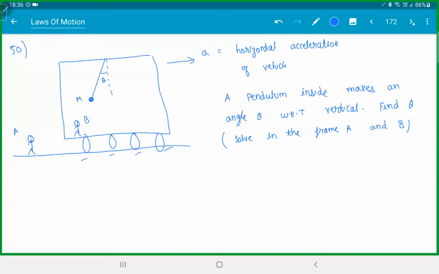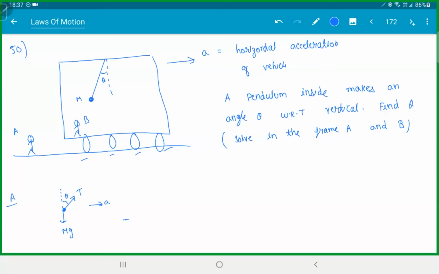Yeah, standard one. See, if you ask A to draw the FBD, you know what he will draw? A will say there is a tension, there is an mg, that's it. There are no other forces, and acceleration is horizontal. So he will say there are only two forces, and this angle is theta.